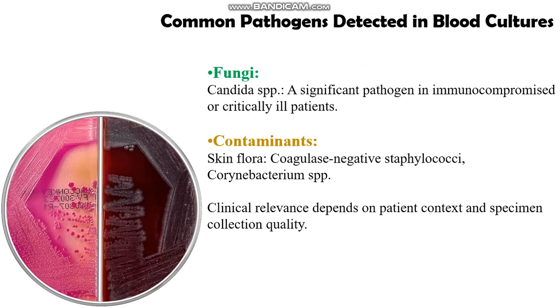Determining their clinical relevance depends on the patient's condition, symptoms, and the quality of the specimen collection process. Identifying these pathogens and understanding their significance is critical for guiding effective treatment and improving patient outcomes.